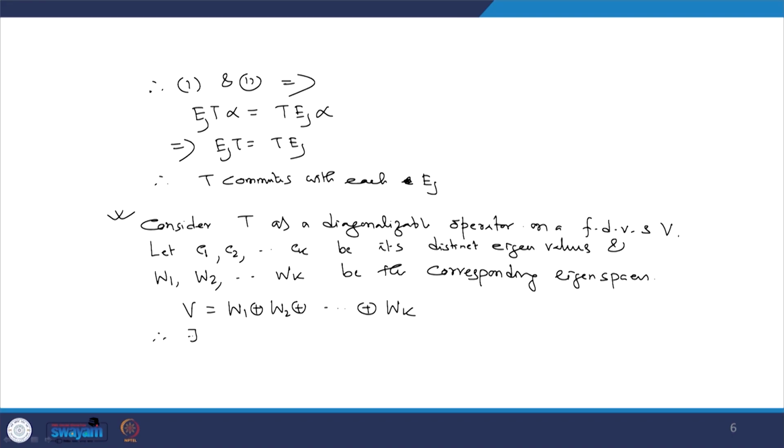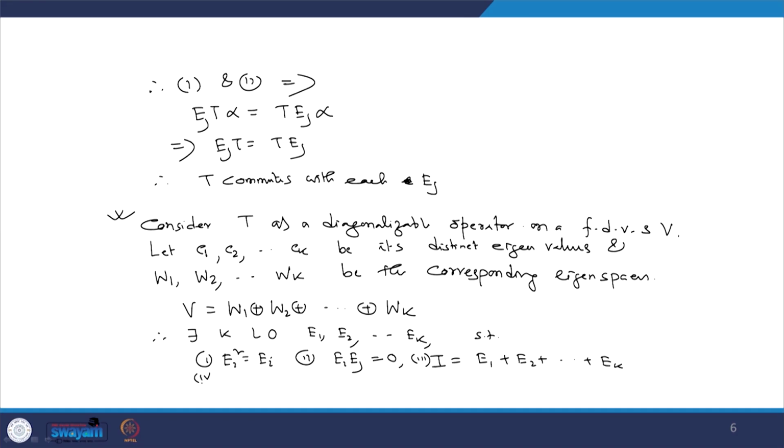So, there exist k linear operators E1, E2 and Ek such that E_i squared equal to E_i, E_i E_j equal to 0, third, the identity operator must be equal to E1 plus E2 plus Ek, and range of E_i is W_i.